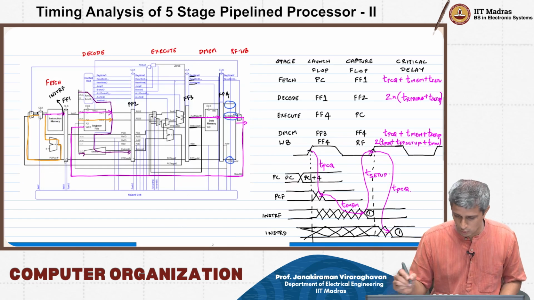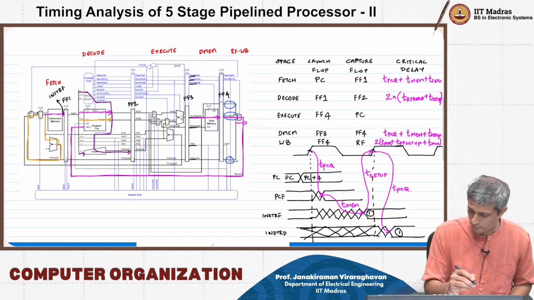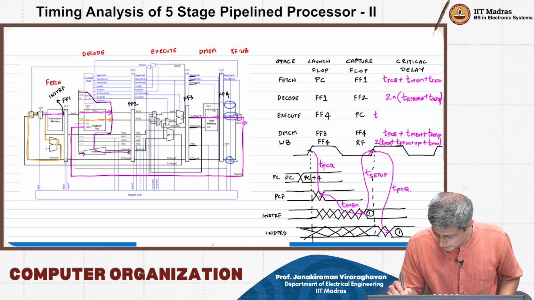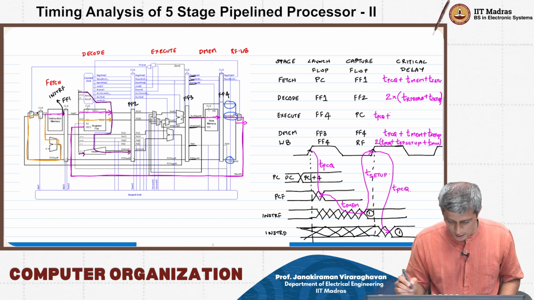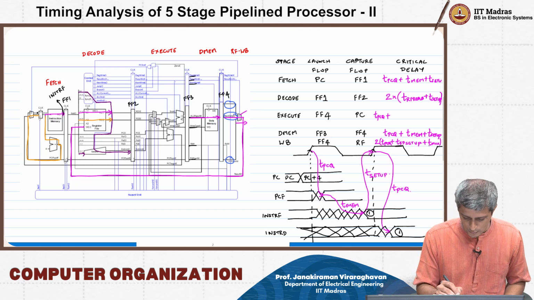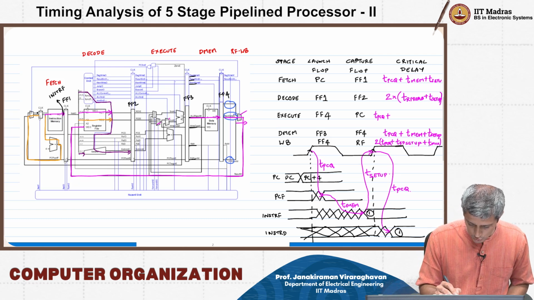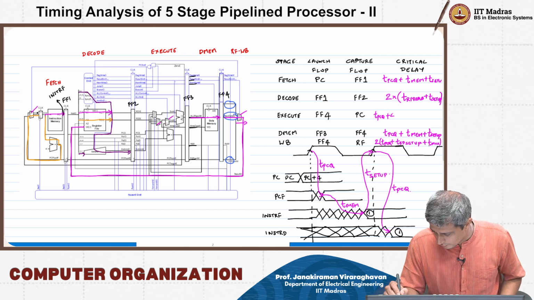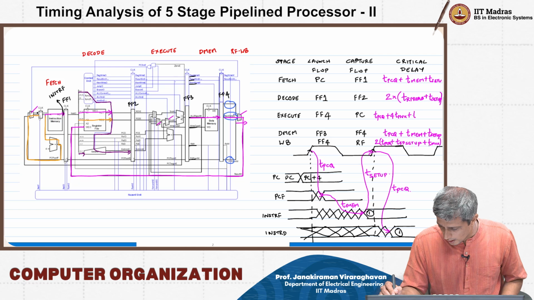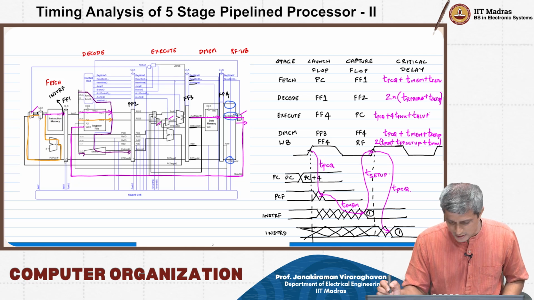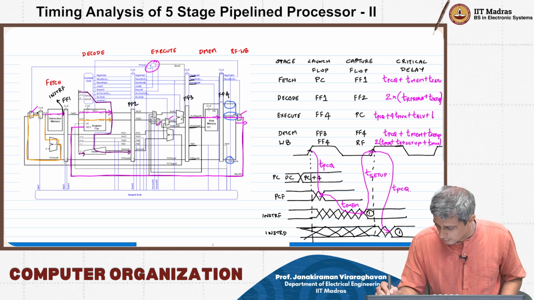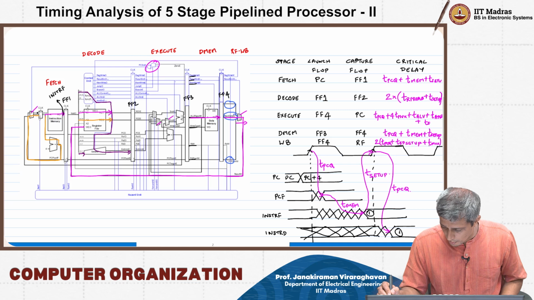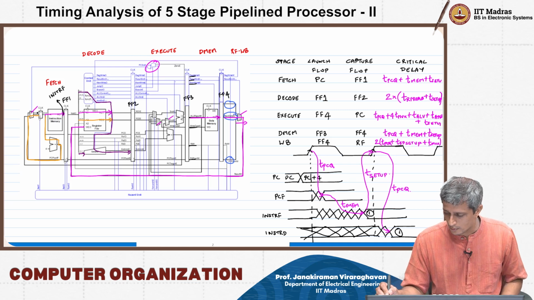and therefore if I now go ahead and summarize this whole thing, the critical path for this particular stage will be TPCQ, plus 1, 2, 3, 4 muxes, plus 4 T mux, plus ALU delay, plus the AND OR gate here. And of course you have to set up appropriately before, right?